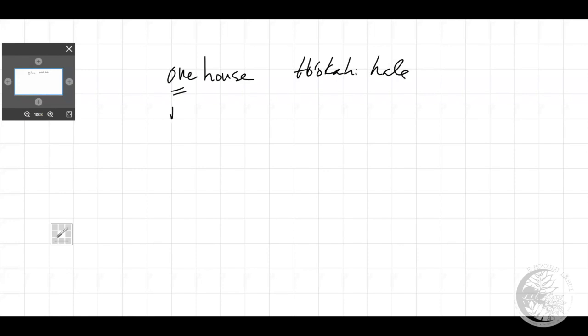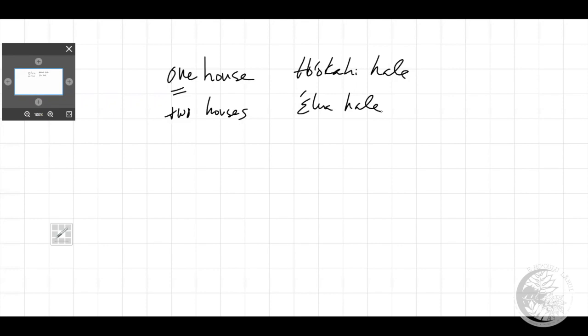Maybe I have the expression 2 houses. There's more than one. There's 2 of them. Again, how many? Elua hale. I might even say he elua hale. I might even say he elua mau hale.